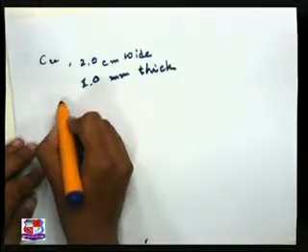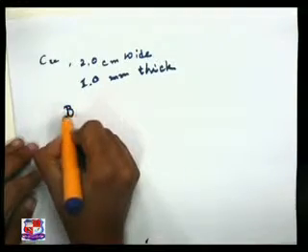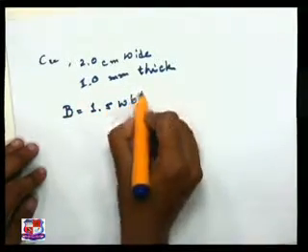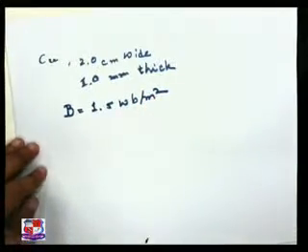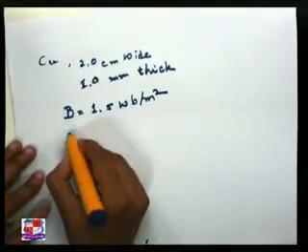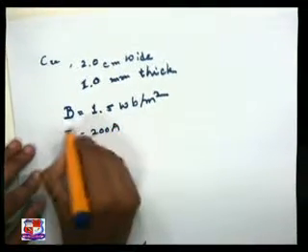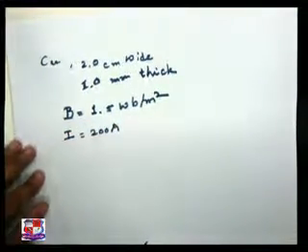So it is placed in a magnetic field B, that is 1.5 Weber per meter square. We are given different values. If current 200 ampere is set up, that is I is equal to 200 ampere.